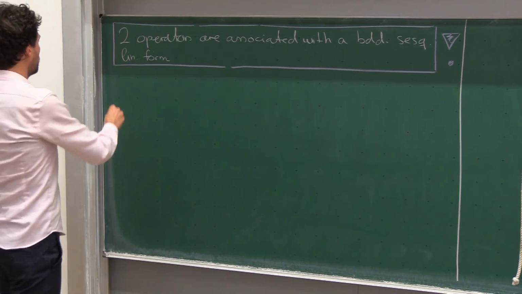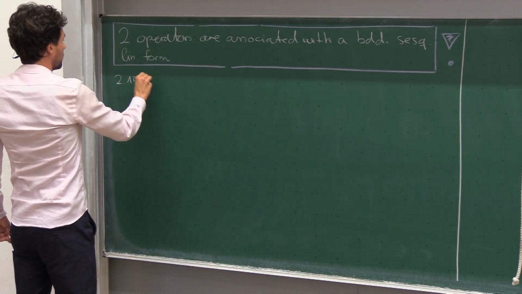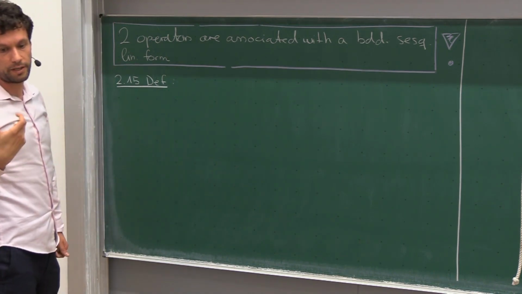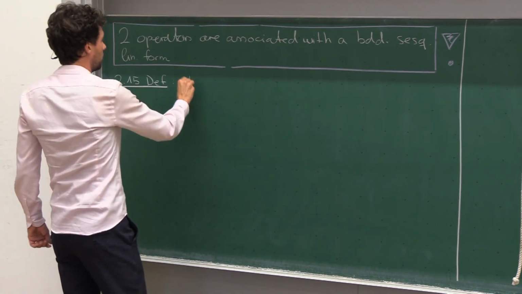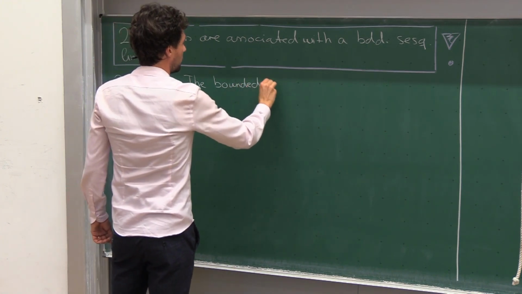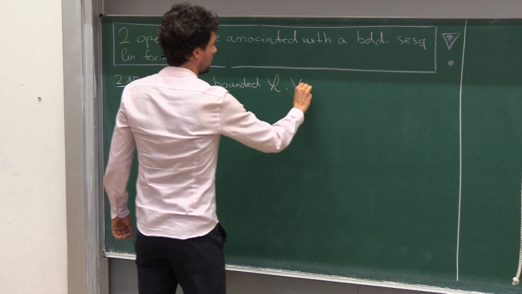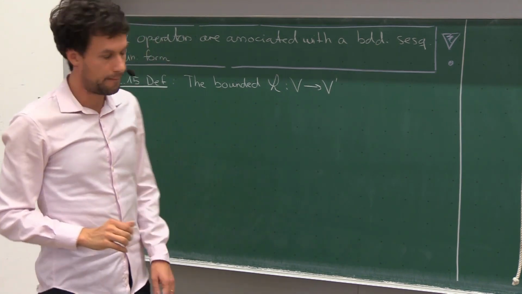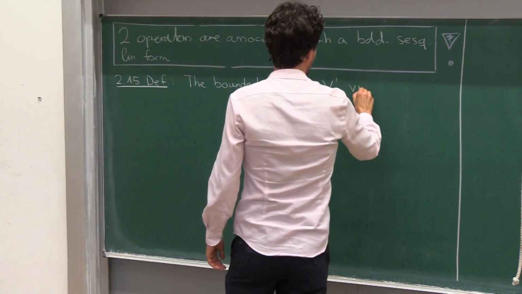Okay, so this is 2.15, definition. And this is a way of associating a bounded operator going from V to V prime. Okay, and the association works as follows.